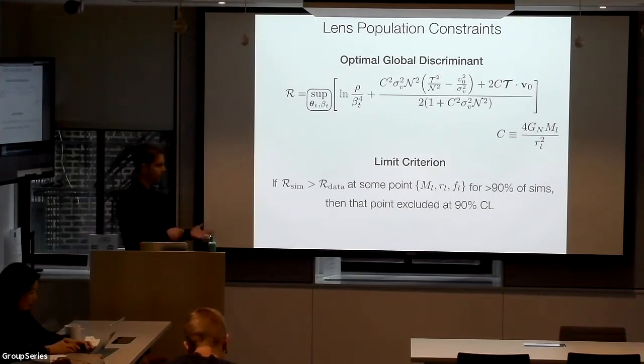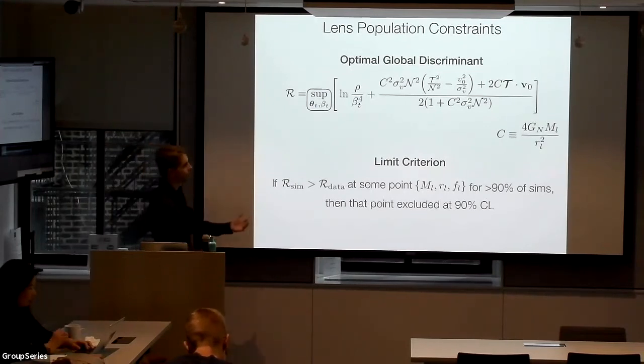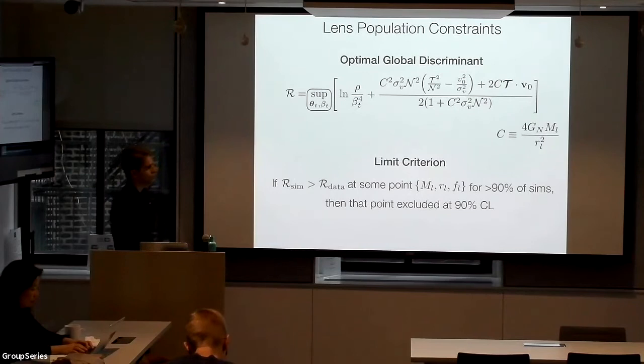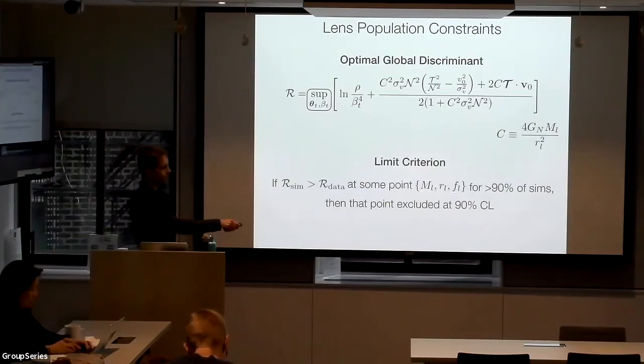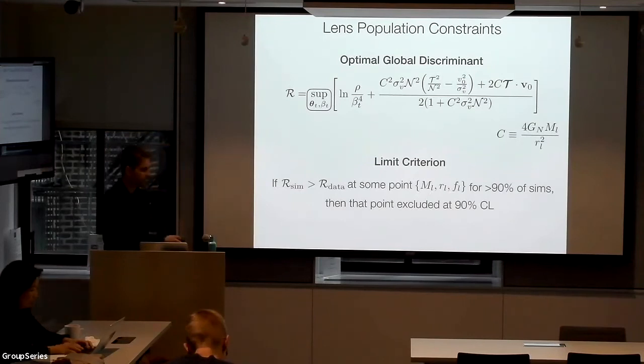We distinguish between the null hypothesis and our positive hypothesis by computing this test statistic over each instance of our simulation. And if we find that in our simulations, more than 90% of the time, this R test statistic is bigger than the one computed for the data at some parameter space point, then that point is excluded.